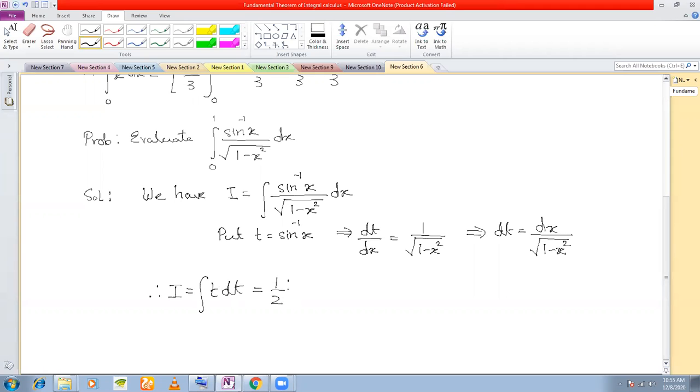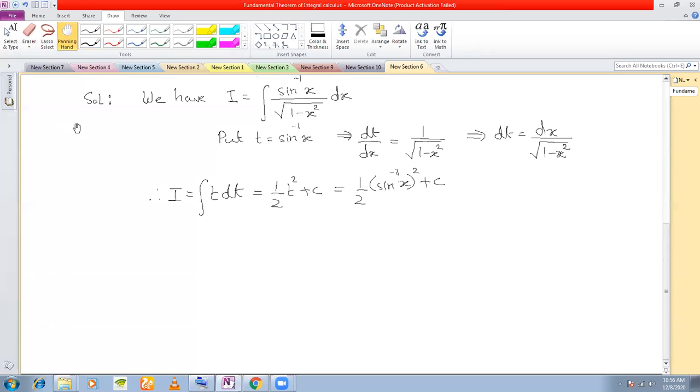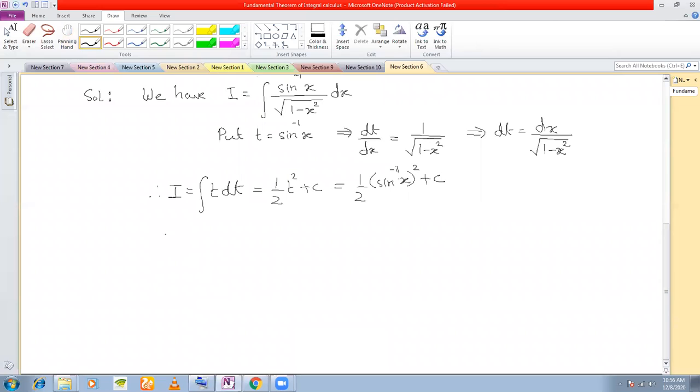Half of t square plus c. Now I put back the value. What is the value of t? Sin inverse x. That means half of sin inverse x whole square plus c. Right? Now we'll use the fundamental theorem to evaluate this definite integral.